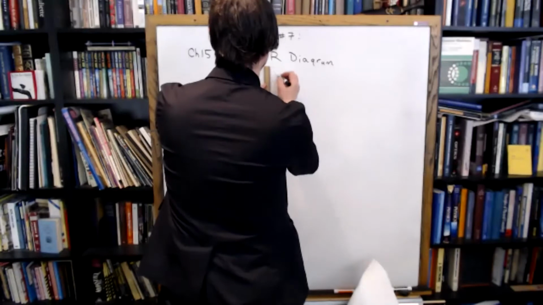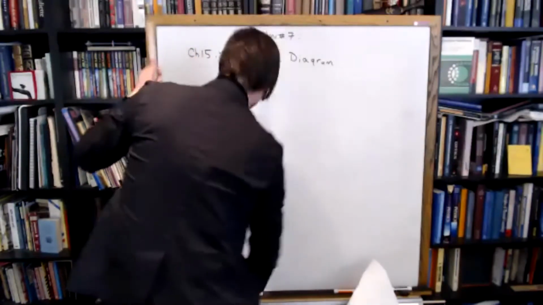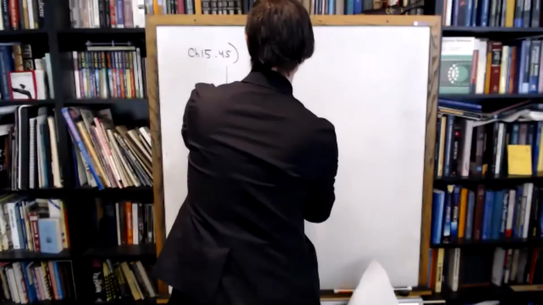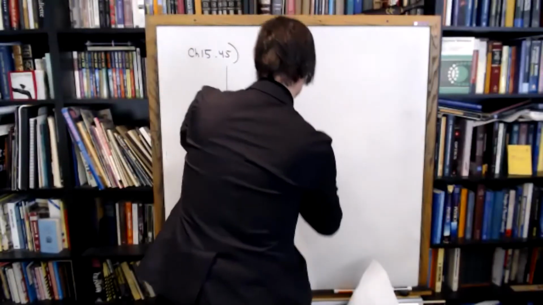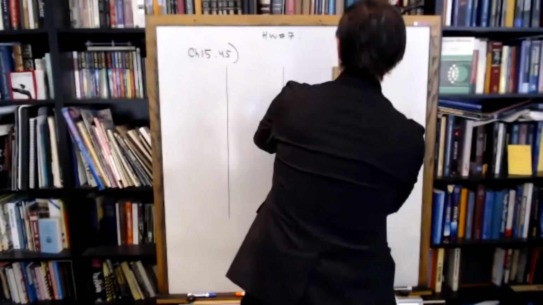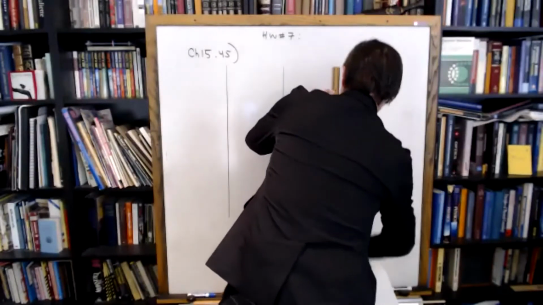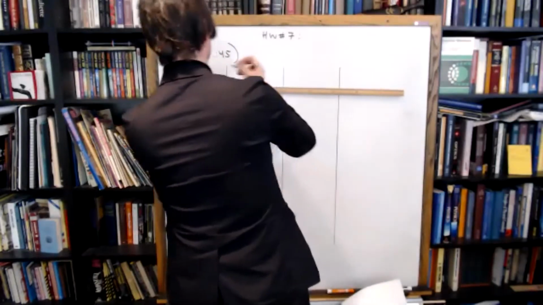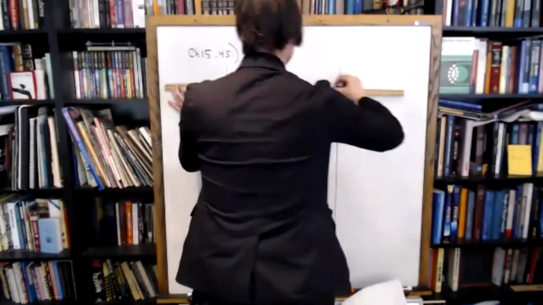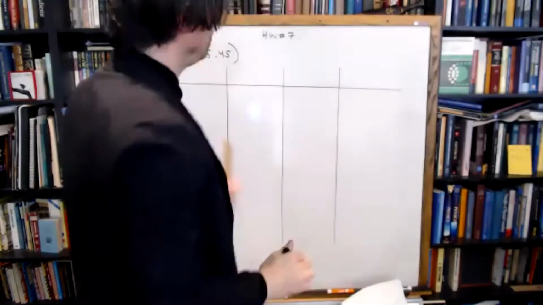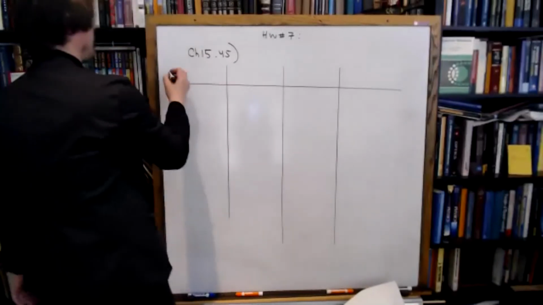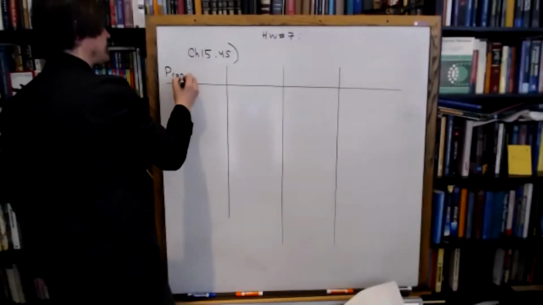And actually, you know what we're going to do? We're going to do it like so. We're going to have 1, 2, 3, 4. Make 4 columns. The first column will be for the property of the star.